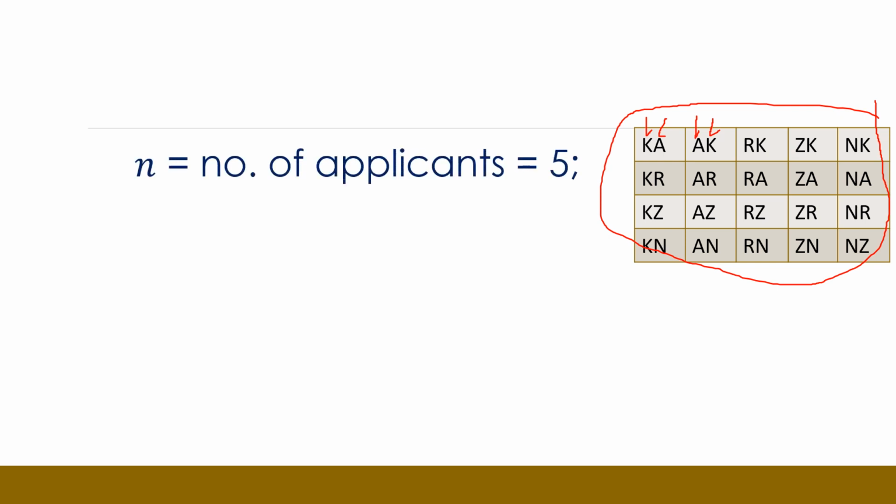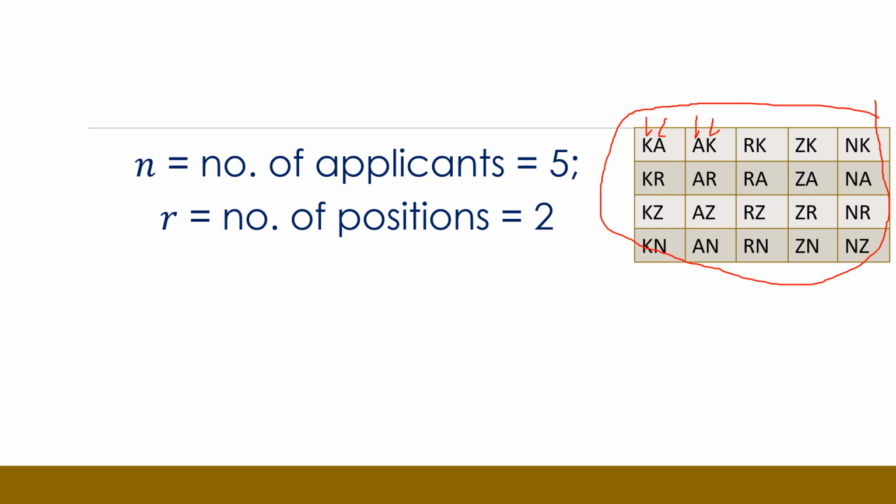So if we are using permutation, then the number of applicants is going to be equal to 5, which gives us n, and the number of positions to be filled is going to be equal to the number of arrangements we are making, and that is 2. So r is 2, n is 5.